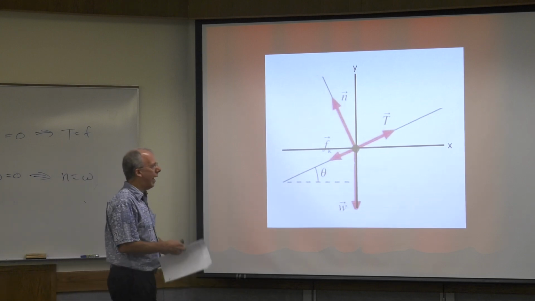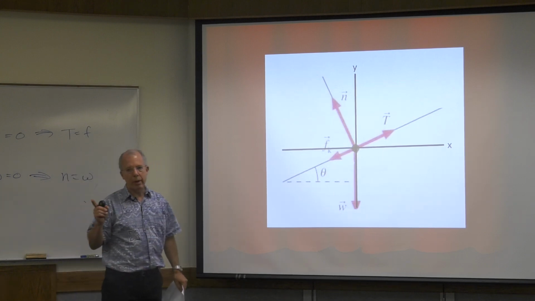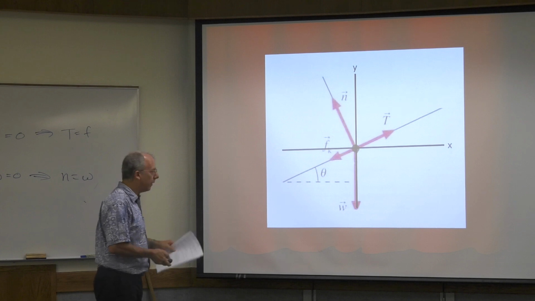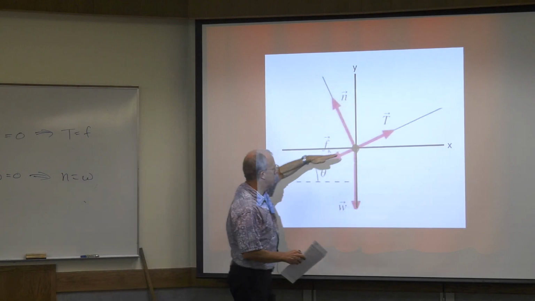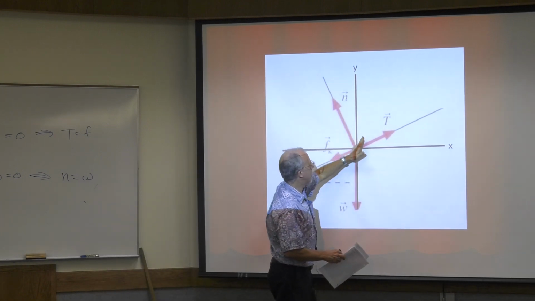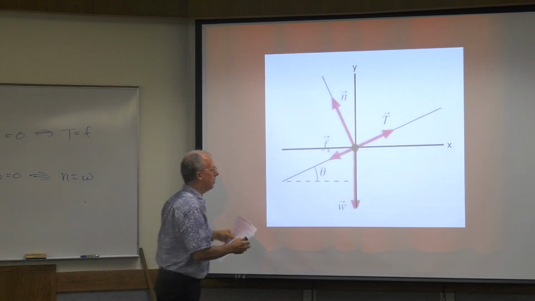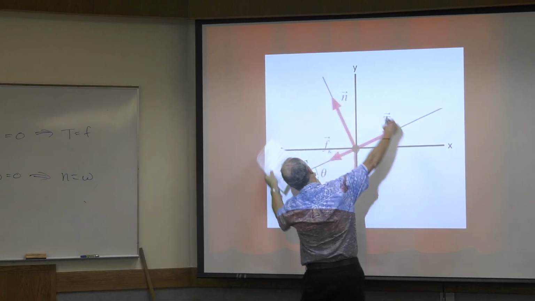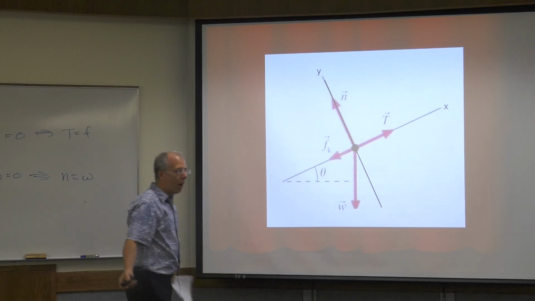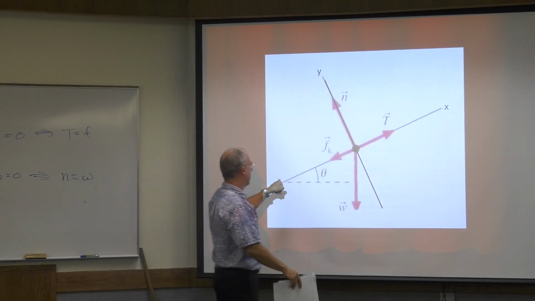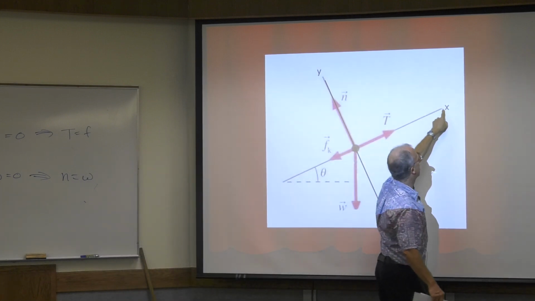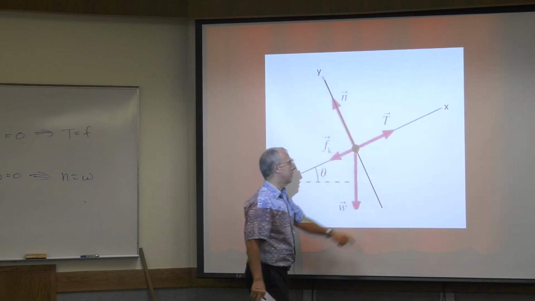Why would I want to do all that when there's an easier way to do it? The easier way is just take this coordinate system and just tilt it, rotate it, whoosh. And so there you go. So now this is the new x-axis, and this is the new y-axis.